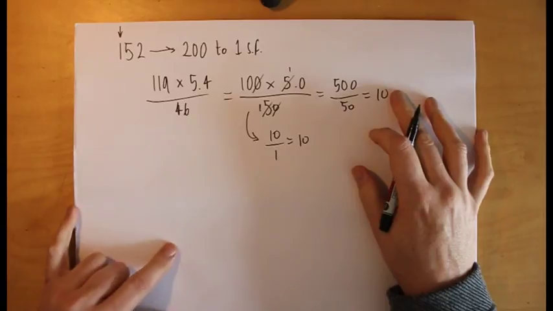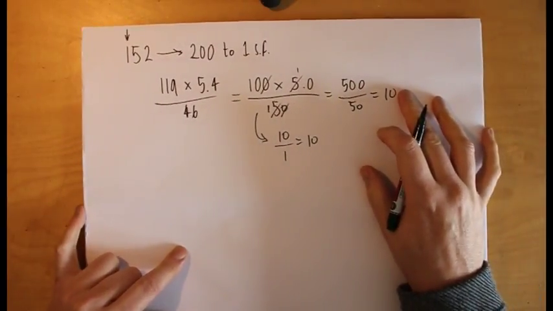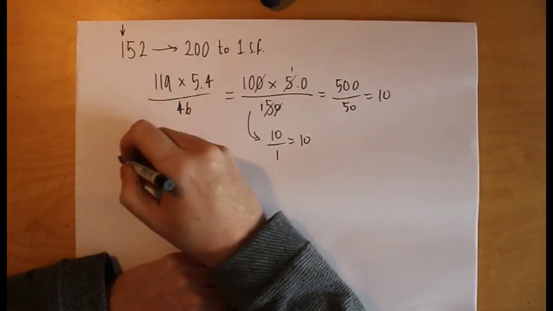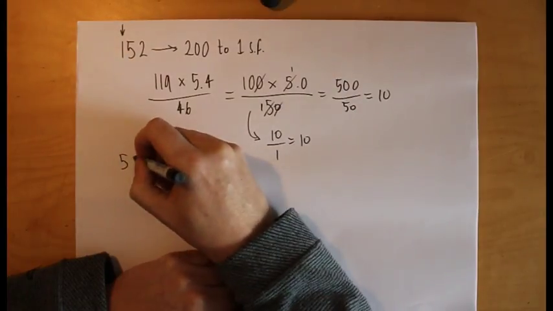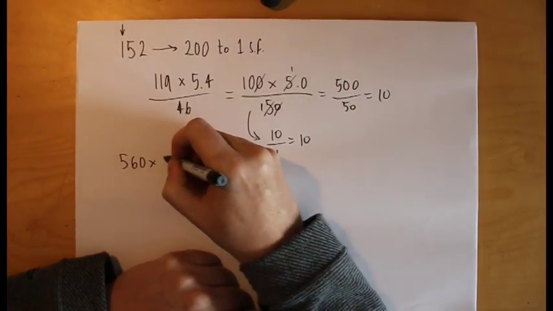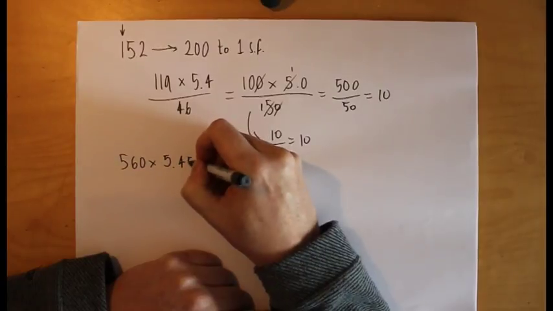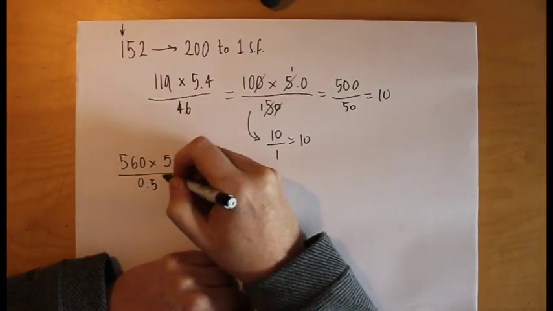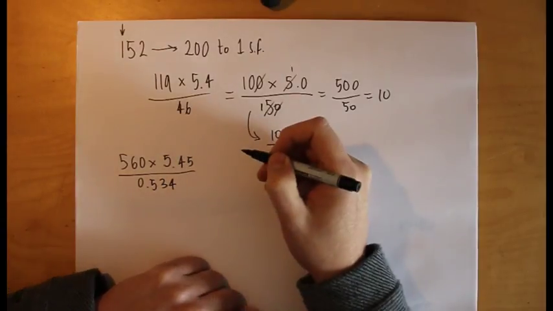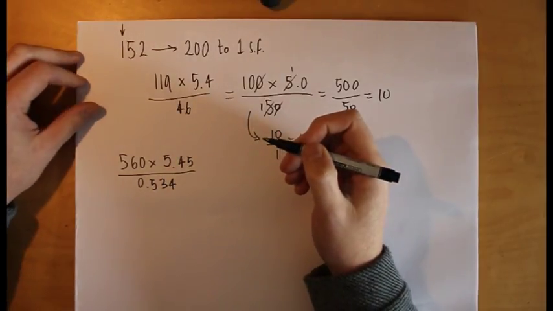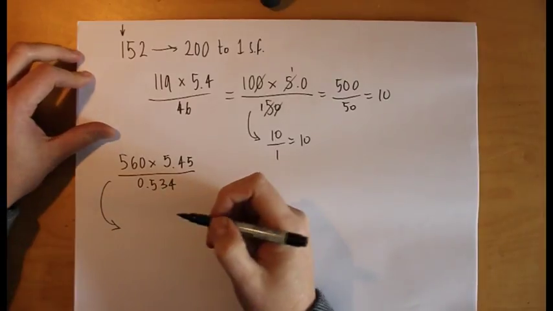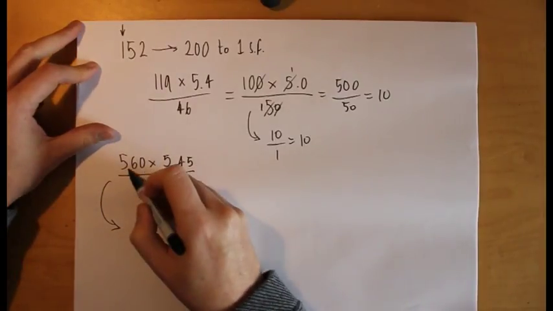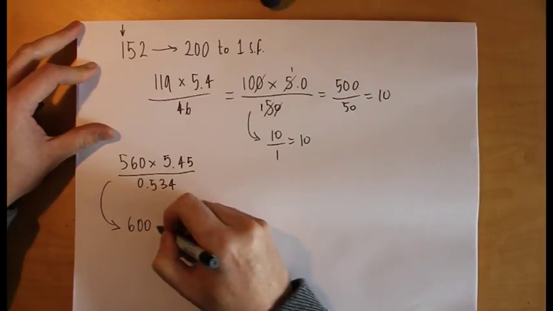Let's have another little go at a different question. 560 multiplied by 5.45, and that's all divided by 0.534. So very quickly then, the 560 rounds to 600.